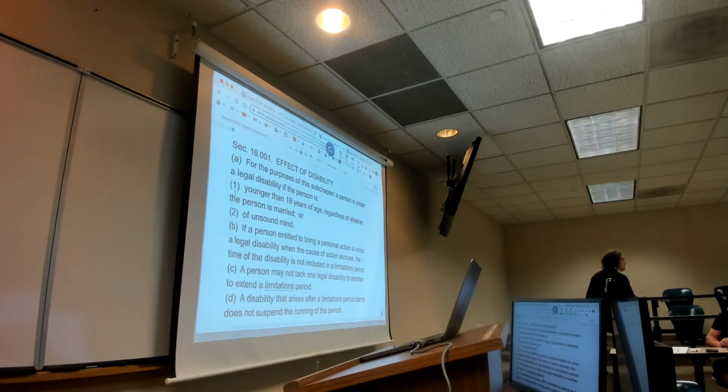So the squatter cannot adversely possess that piece of land if the squatter meets... No. It's not about the squatter having a disability. Who has a disability? Try it again, one more time.